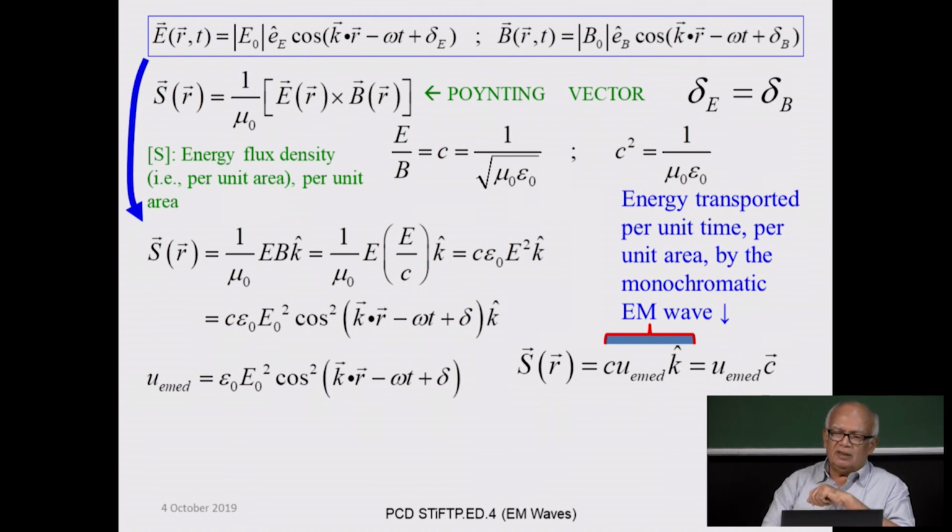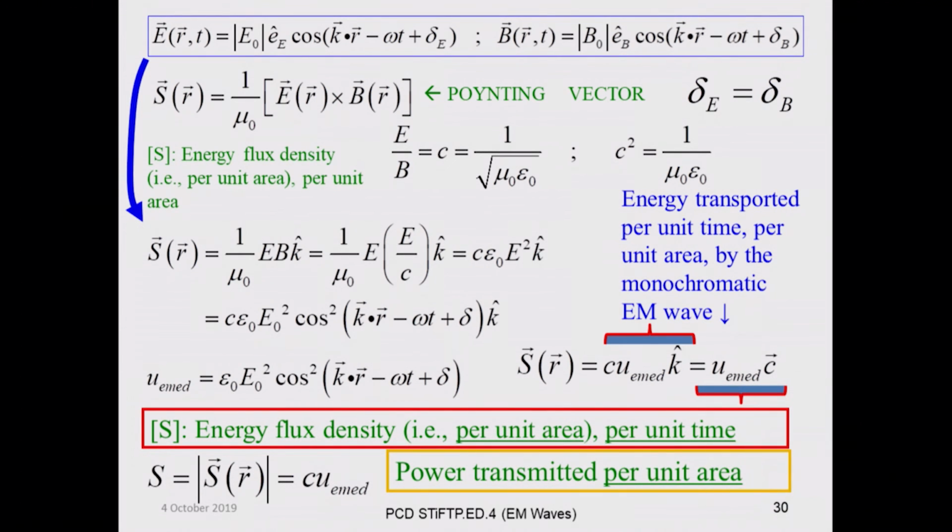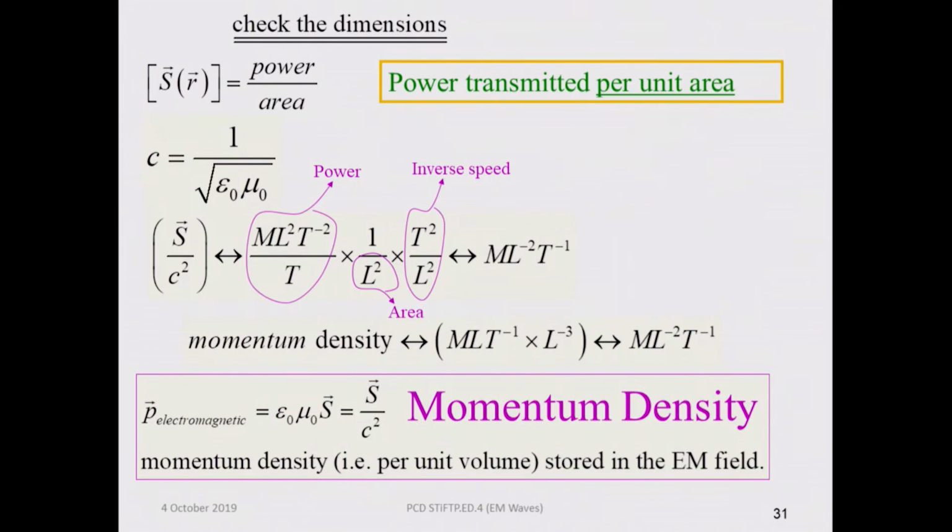So this is the Poynting vector, and essentially it represents the power transmitted per unit area, because it is the energy flux density per unit area per unit time. So you have got the Poynting vector, and if you look at the dimensions you will see that these are appropriate.